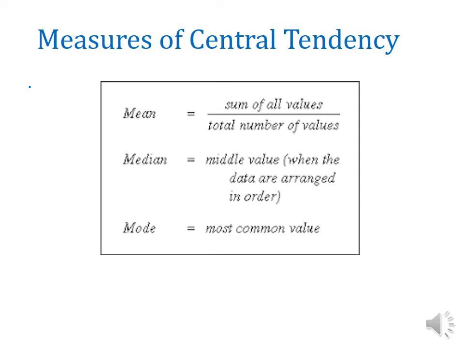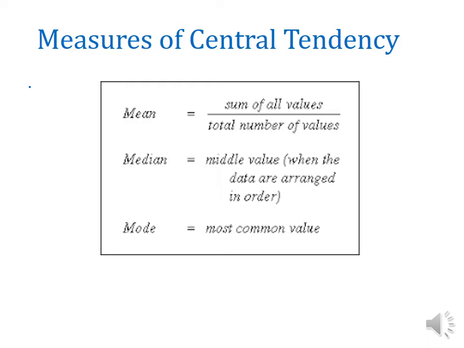So simple. The median is the middle value when the data are arranged in order. When you have arranged your data, the middle value of the data is called the median. The most common value repeated in your set of data is called the mode. For example, you have two sets, set A and set B of data.